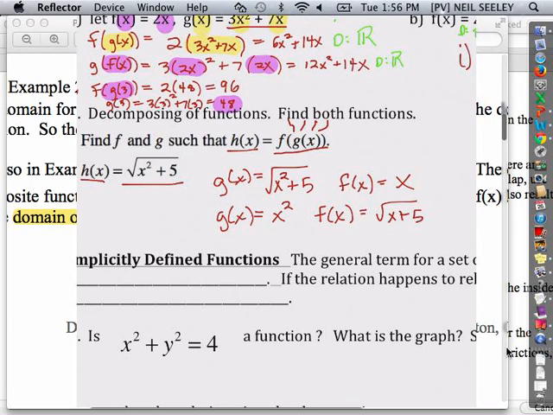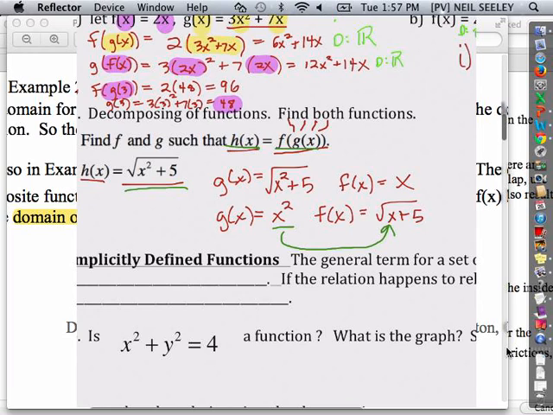What happens is, I'm looking for what are f and g of x if I know g of x goes inside f of x to make h of x. So if I put x squared into f of x where x is, would that give me h of x?